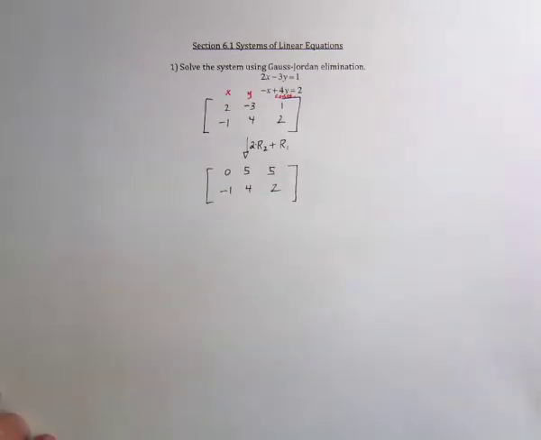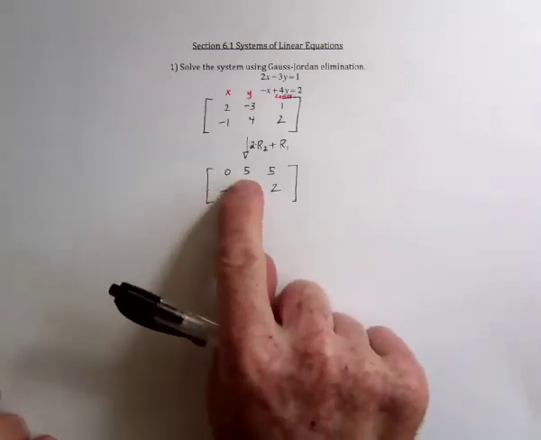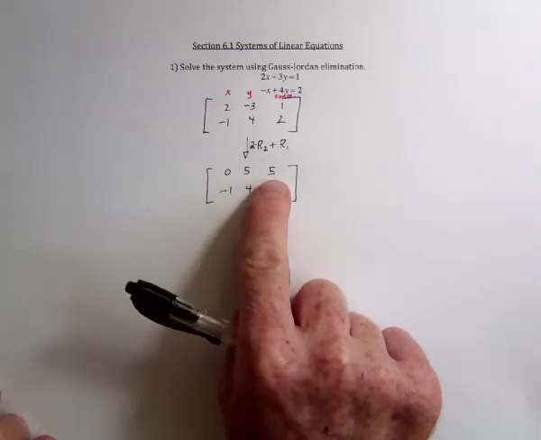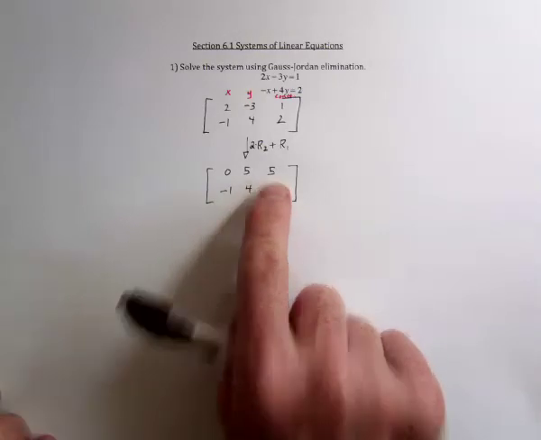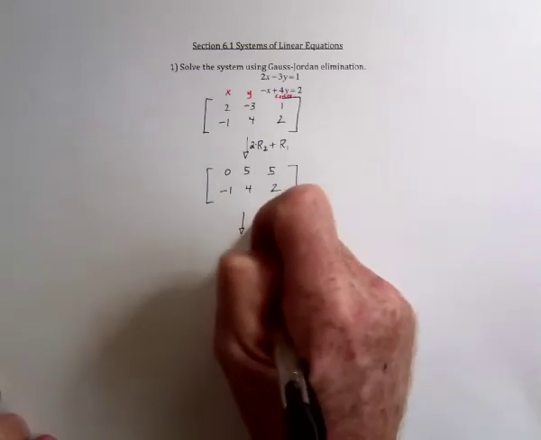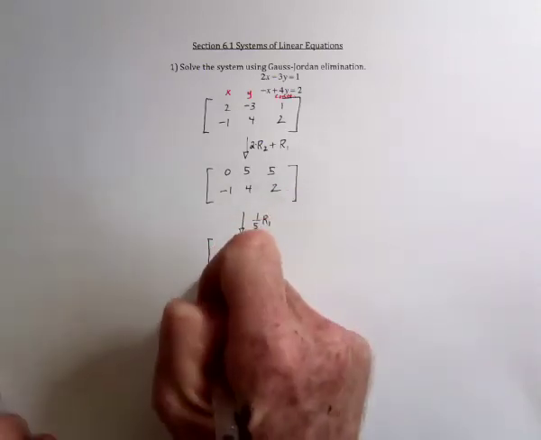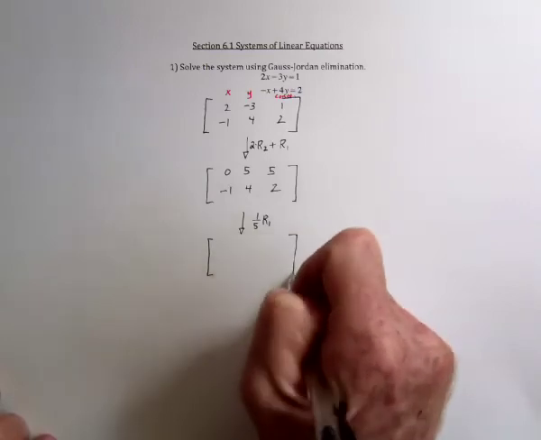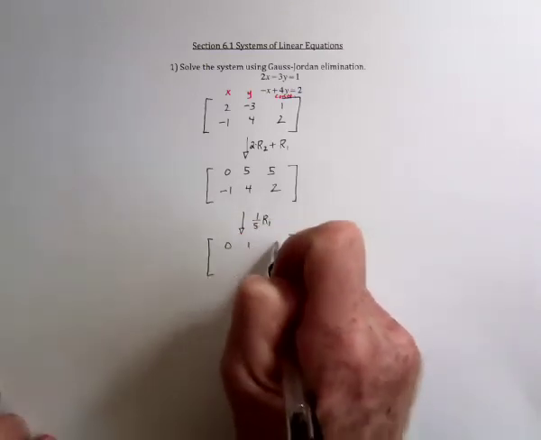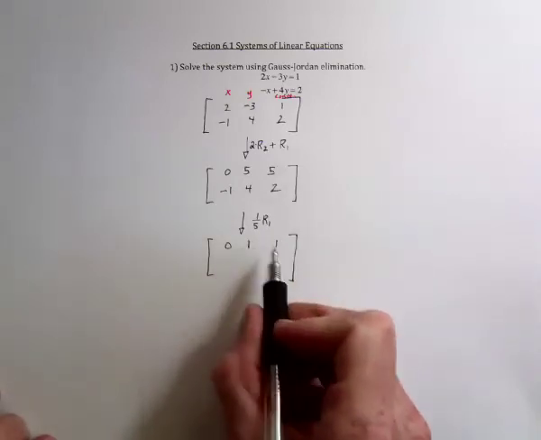Okay, now this is basically saying we've got no x's, but 5y is equal to 5, which means that y is equal to 1. Or in other words, we should multiply 1/5 times row number 1 and get a 0, a 1, and a 1, which is really saying 1y equals 1.